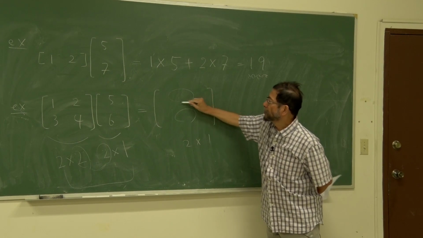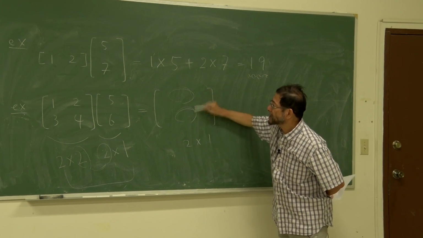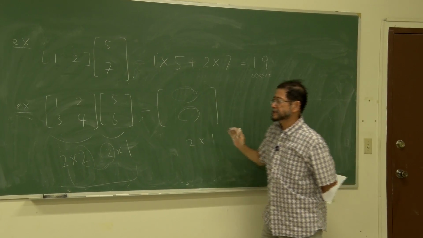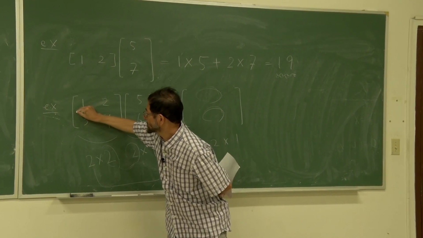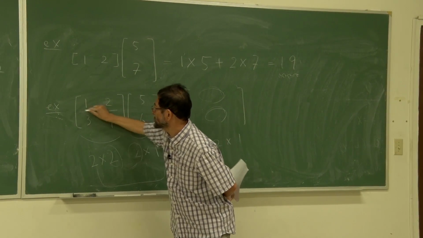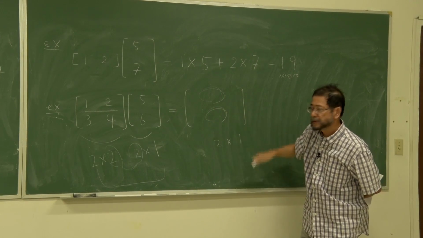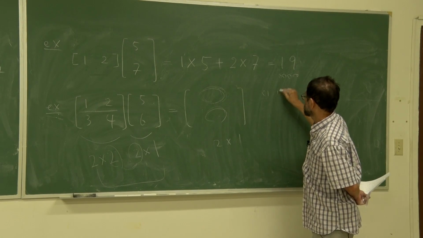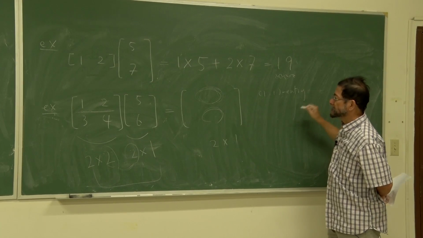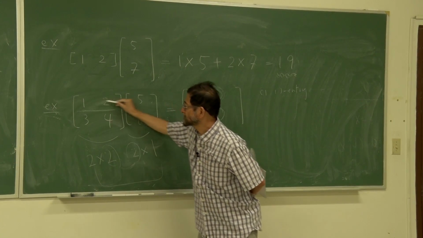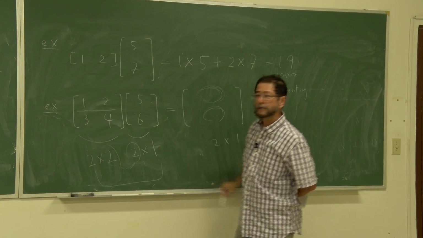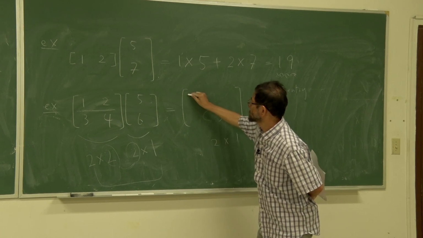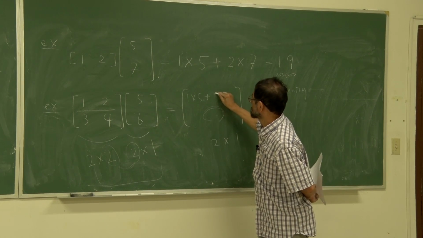Now how do you get these two? To compute each entry, you're just applying the first example. It's good to know you can split like this. It's not necessary, but it helps you compute. Look at the 1, 1 entry of the product: you multiply the first row and first column, so 1, 2 times 5, 6, which is 1 times 5 plus 2 times 6.